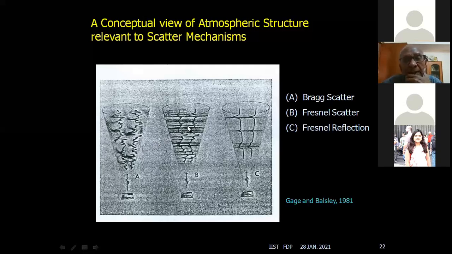These horizontal bars are the sharp gradients, and they coexist. There are turbulent fluctuations, and there will be layers also. So if there are layers, you will get the Fresnel reflection and the turbulent fluctuation also.